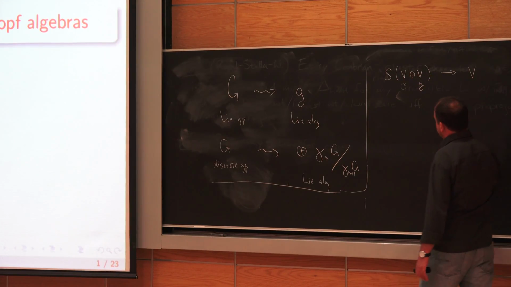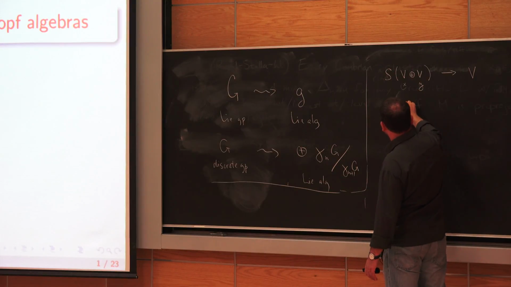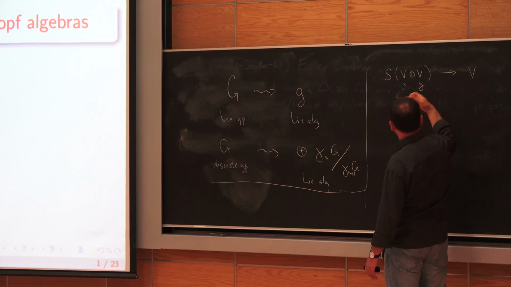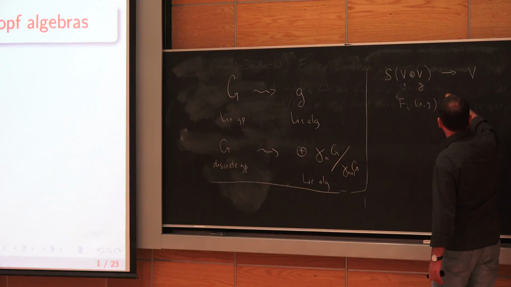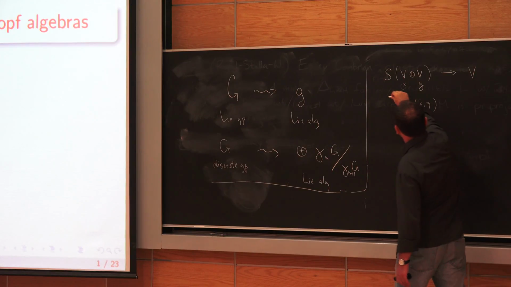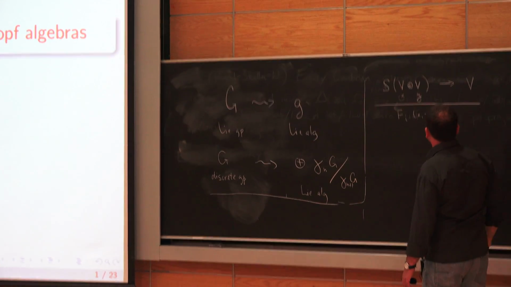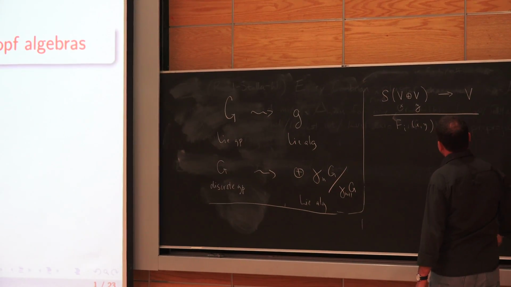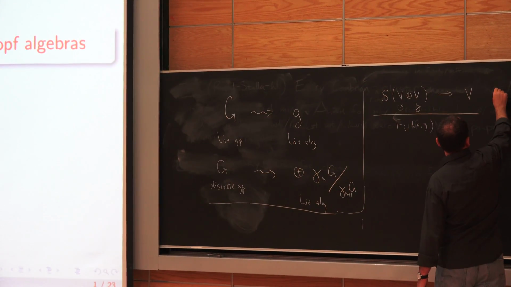So if V is finite dimensional, a formal multiplication consists of several power series Fi in x and y, and these Fi are the coordinates here. This way we get a map of this kind. This is the formal product.